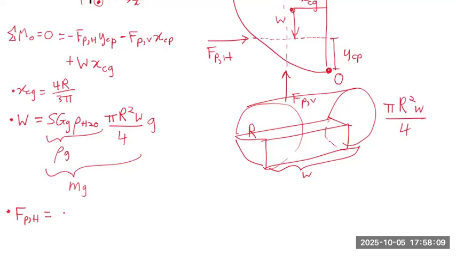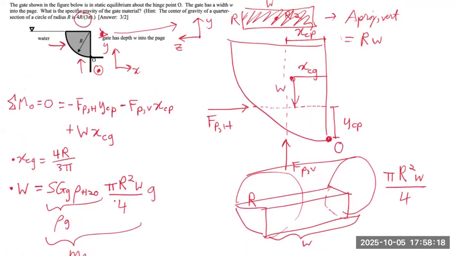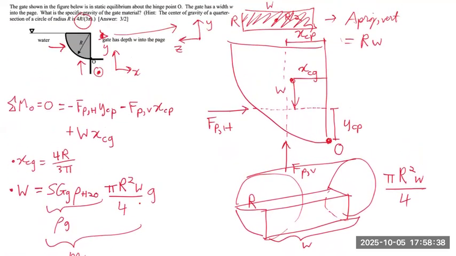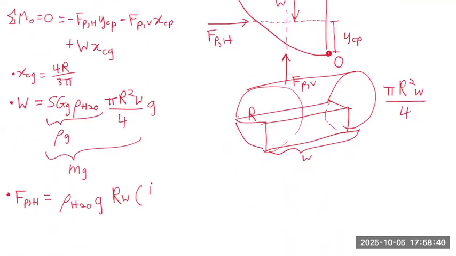So the horizontal projection of the force is going to have magnitude of, first of all, rho of H2O times G, and then times RW, and this pressure is evaluated at the centroid of the vertical projection of the area, which is at a distance of r over 2, as we said earlier.